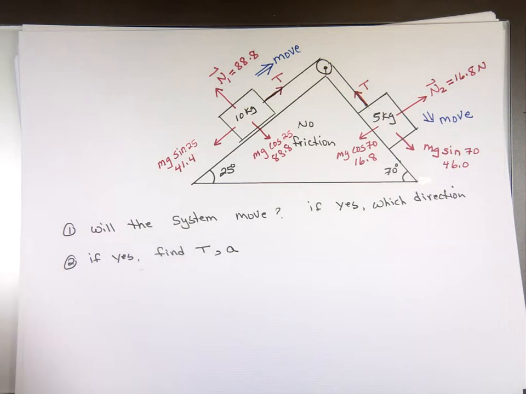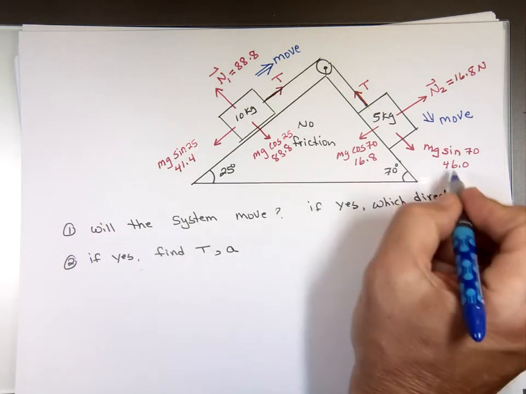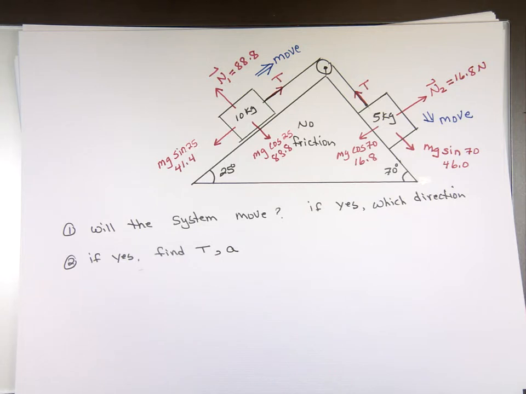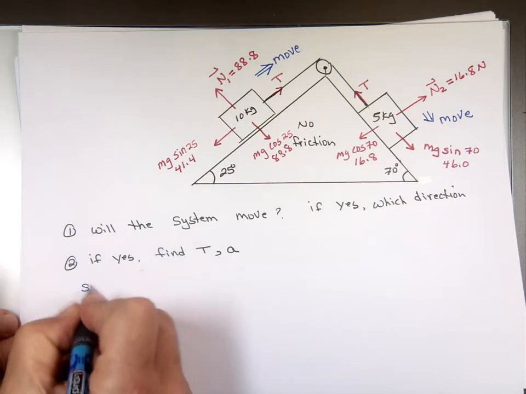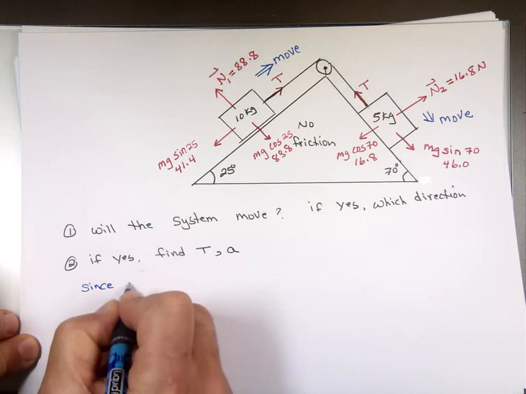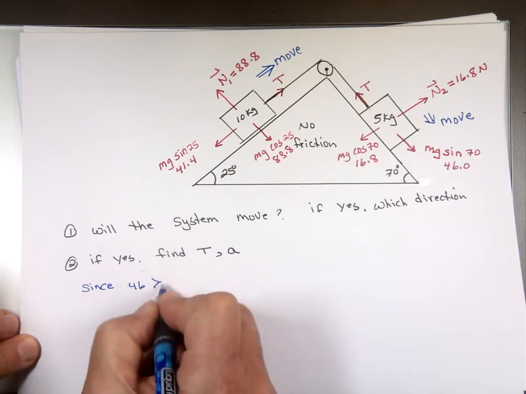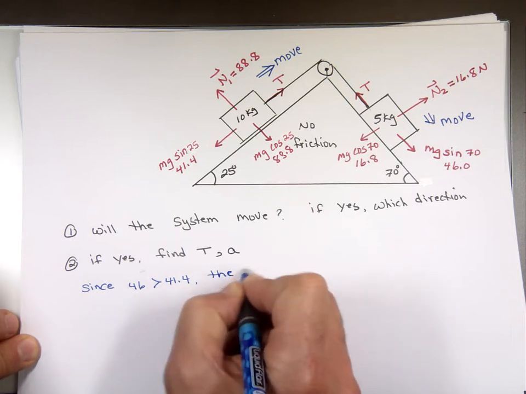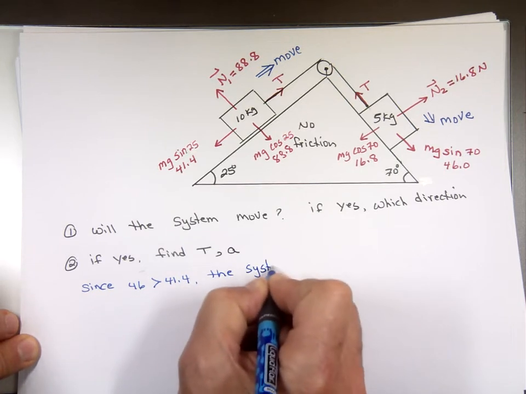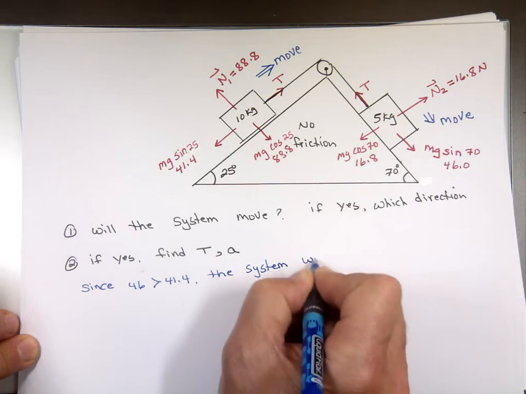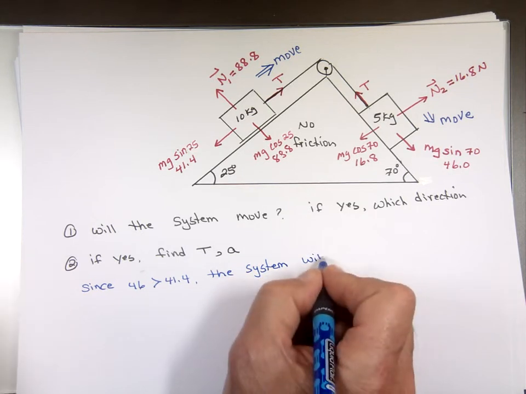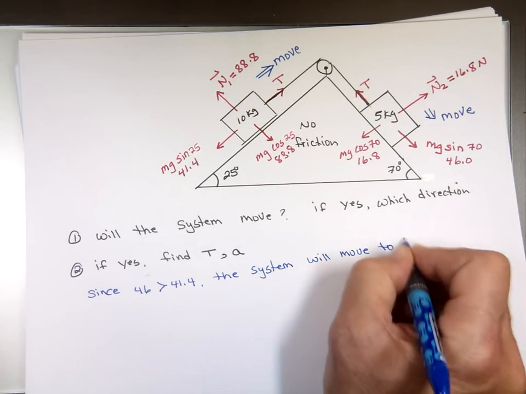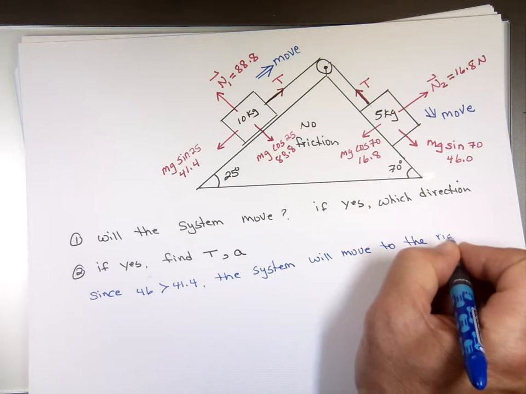Again, the reason it moves down is that 46 is bigger than 41.4, so the system will move to the right. It's going to go this way.